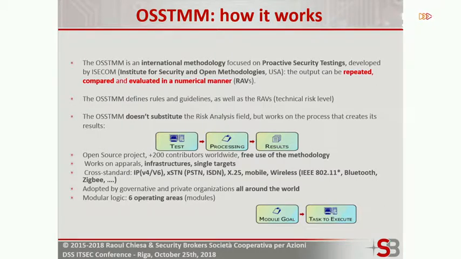We don't substitute to the RA in that field, not at all, but instead we are the guys who built the standard in order to allow all the pen testers, all the analysts, to test, to process everything that they found, and to get to the results.